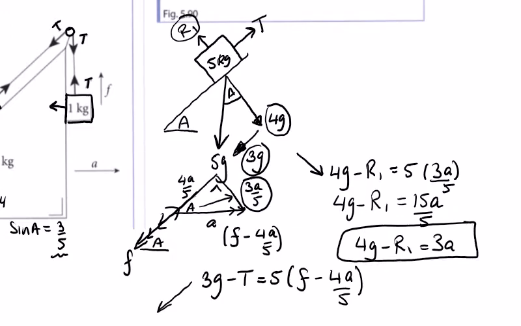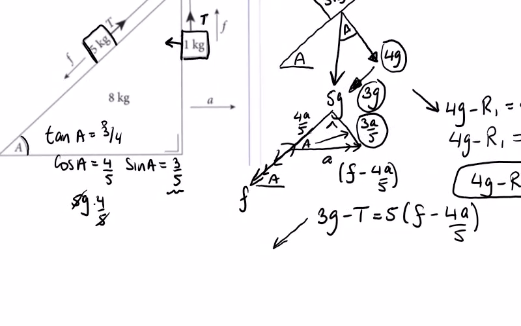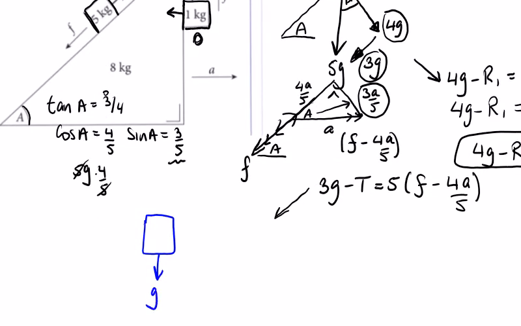We go on to the 1 kilo block at the side here, this guy. We just have g going down, 1g. We have the tension in the string.